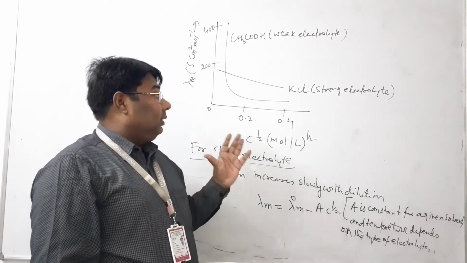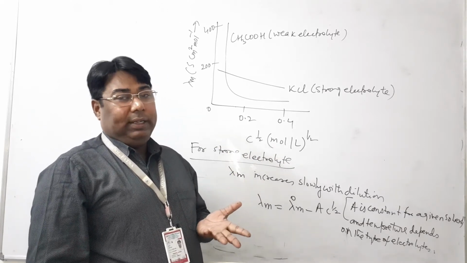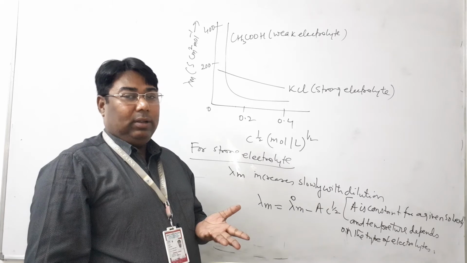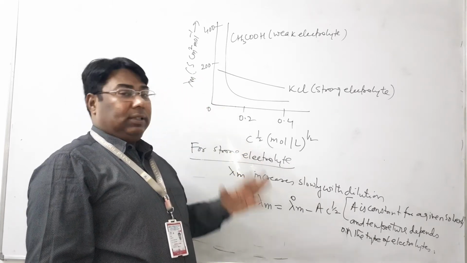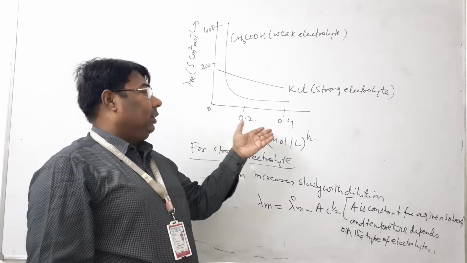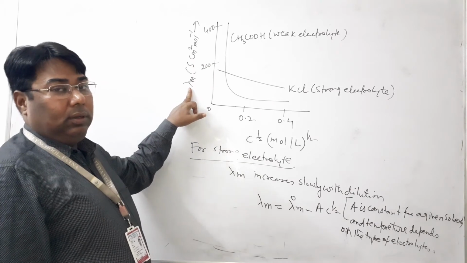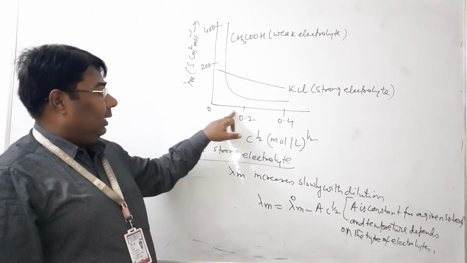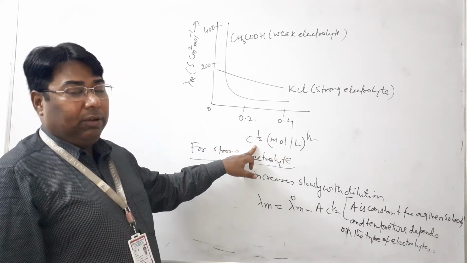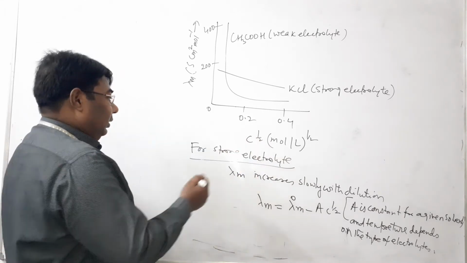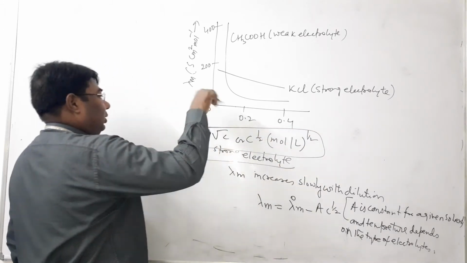I think that this is the graphical variation of the strong electrolytes and weak electrolytes for molar conductivity and concentration. This is the graphical representation. On one side you take lambda m and on the x-axis concentration to the power 1 by 2, or you write it this way, root under C. This is the relation.